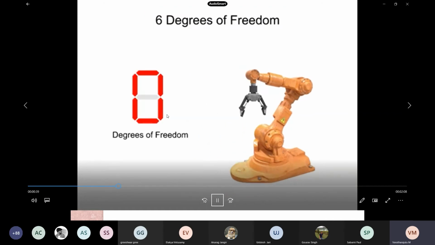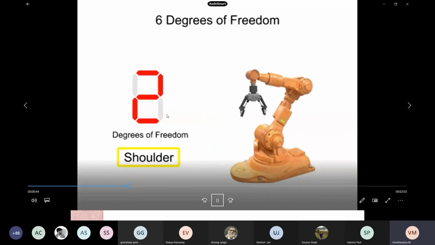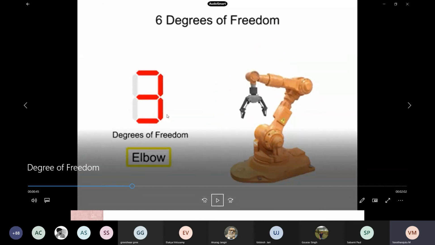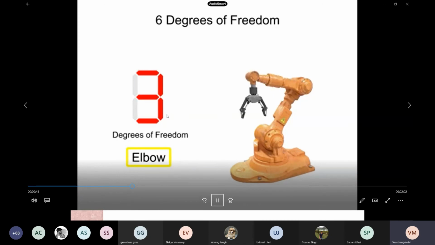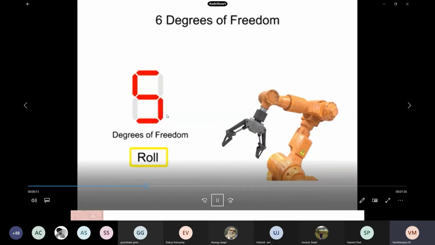It moves along one axis for each of the waist, shoulder, and elbow joints, and along 3 axes at the wrist using pitch, roll, and yaw.